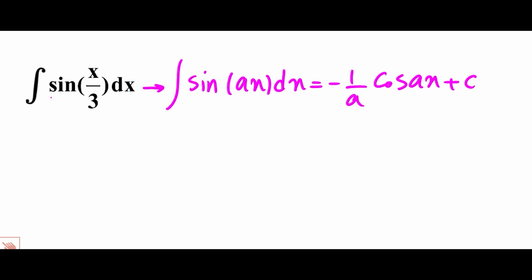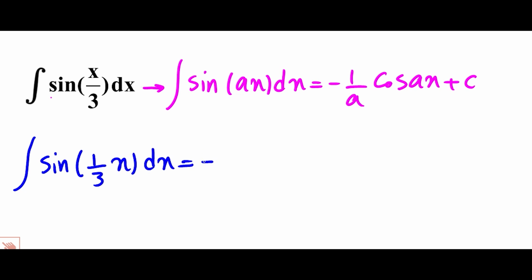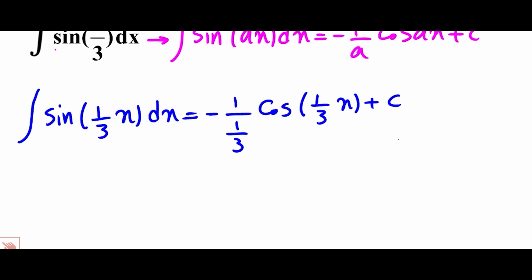So we have the integral of sine of 1 over 3 x dx equals negative 1 over 1 over 3 cosine of 1 over 3 x plus c. And finally the answer equals negative 3 cosine of x over 3 plus c.